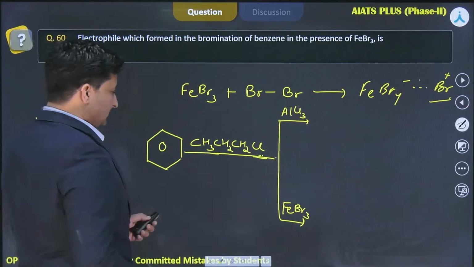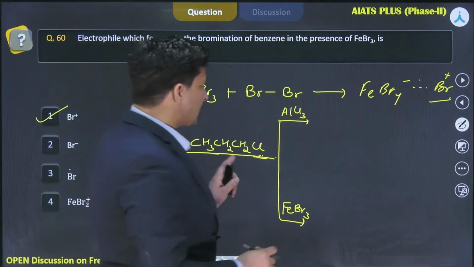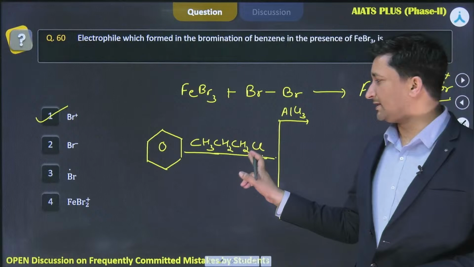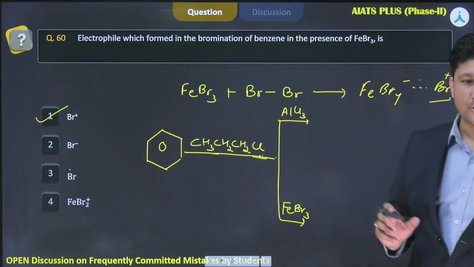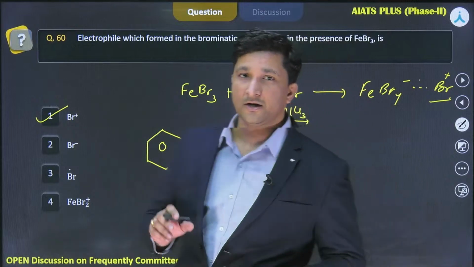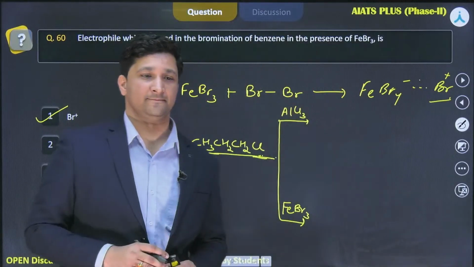So here what happens, when AlCl3 is used, a carbocation is produced once we are using CH3CH2CH2Cl. And this carbocation undergoes rearrangement in order to increase its stability.